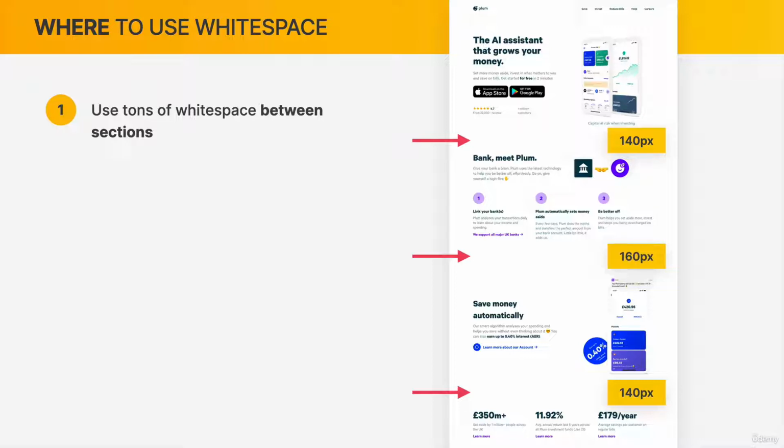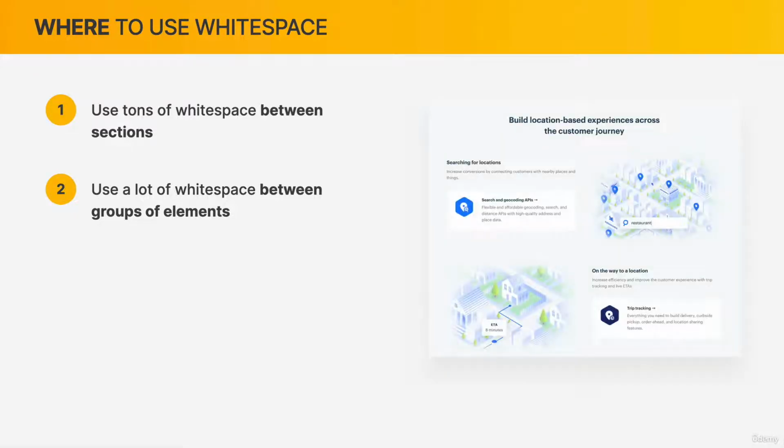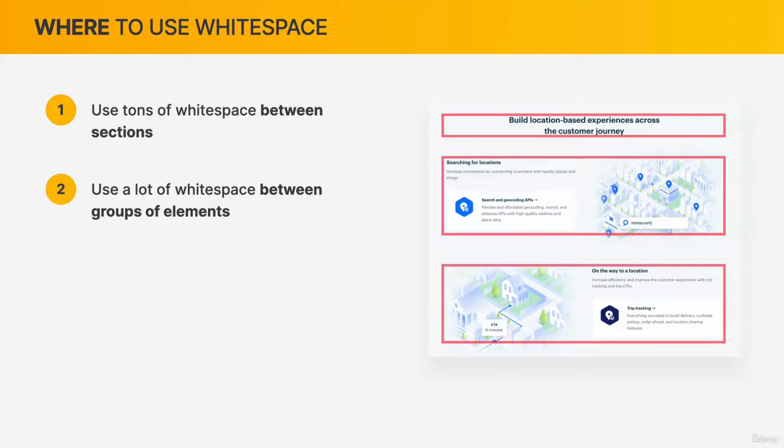Okay? Now the next place where you need to use white space is between groups of elements. So use a lot of white space there as well, but of course not as much white space as between sections. So here, for example, we have these different groups of elements, which we can clearly outline. And so between these, there is some white space, of course.